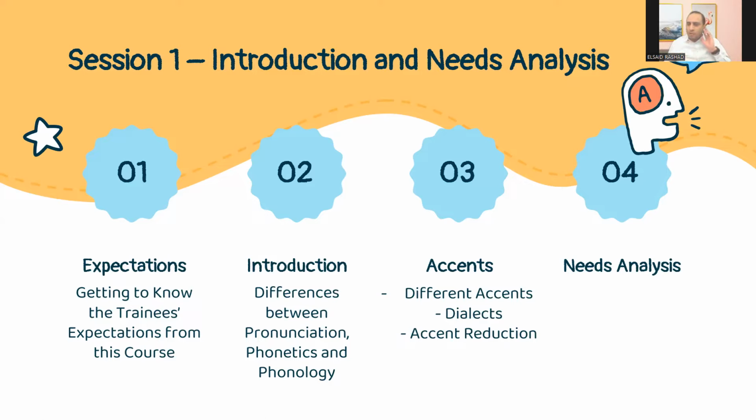So if you apply for a job, but you speak English with a heavy Arabic accent, most probably you will get rejected, because they want someone who sounds like a native speaker, especially if you're going to teach in a school where some students were born and raised in America, Canada, Australia, and New Zealand.